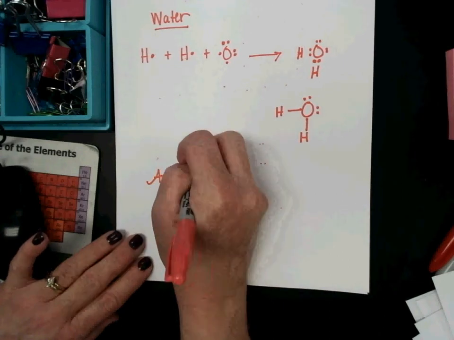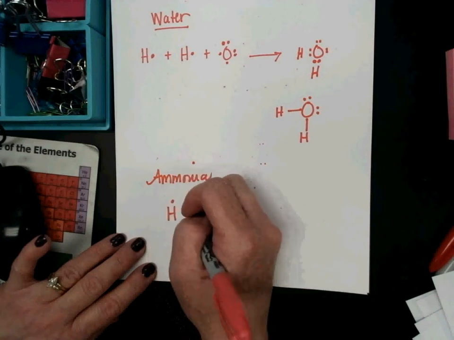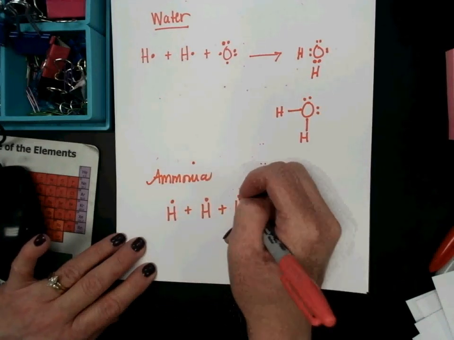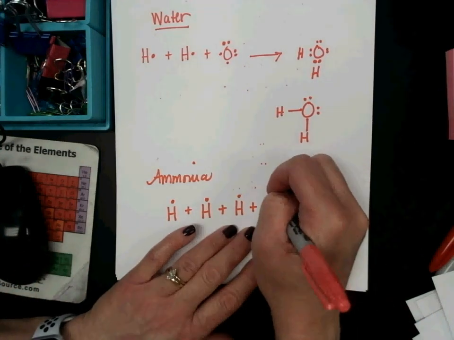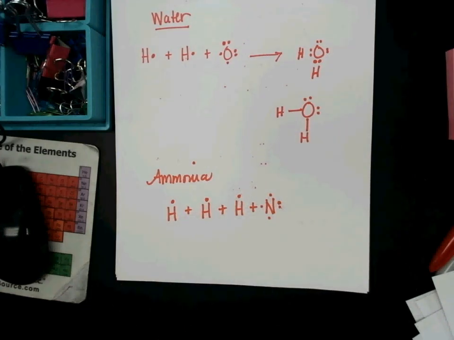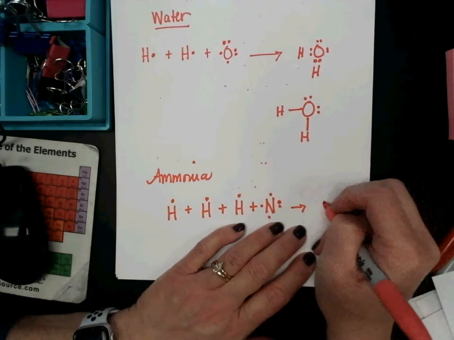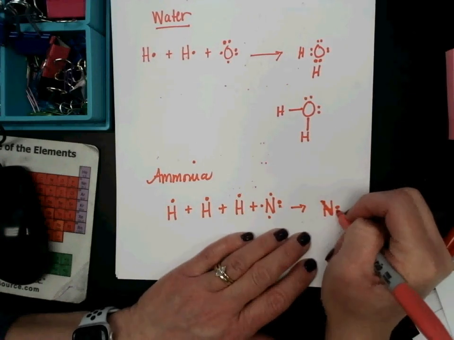If I look at something like, I'm trying to give you an example from each one of these. If I look at something like ammonia, which would be H plus H plus H plus nitrogen, which would have 5. So I'm going to 1, 2, 3, 4, and I'll put my 5th one over here. So I've got all my bonding sites.